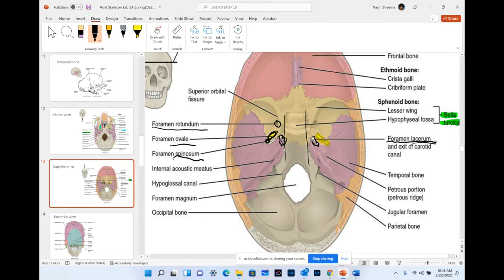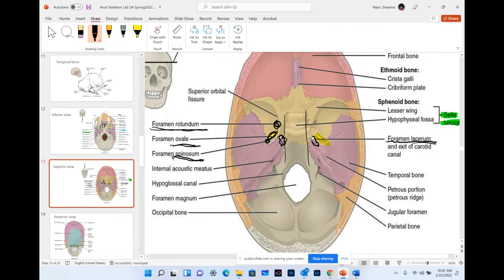So you have lacerum, you have spinosum, you have ovale, and in front of ovale and spinosum, there is only one hole, and there is no other hole in front of it. That one hole is foramen rotundum. With that, we took care of the sphenoid bone.